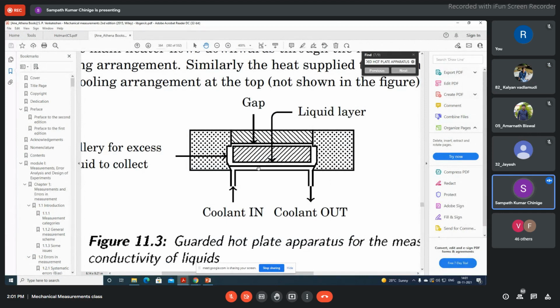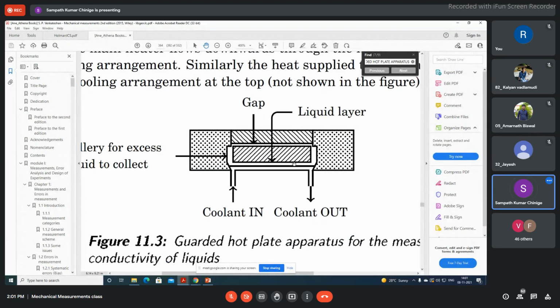So therefore there is a temperature gradient that exists between the main heater as well as the flowing liquid across this fine layer of the liquid for which you want to find out the thermal conductivity. Since the layer is of low temperature, you can assume that it is only a conduction dominant phenomenon.